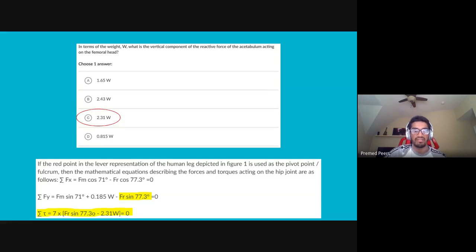Since we know that 7 times all of this is equal to 0, we know that what's inside is also equal to 0. And so the Fr sine 77.3 has to be equal to 2.31. So we just work our way back after understanding that this is representative of the vertical component and that the overall force or torque is equivalent to 0 in this problem. Does that make sense so far?